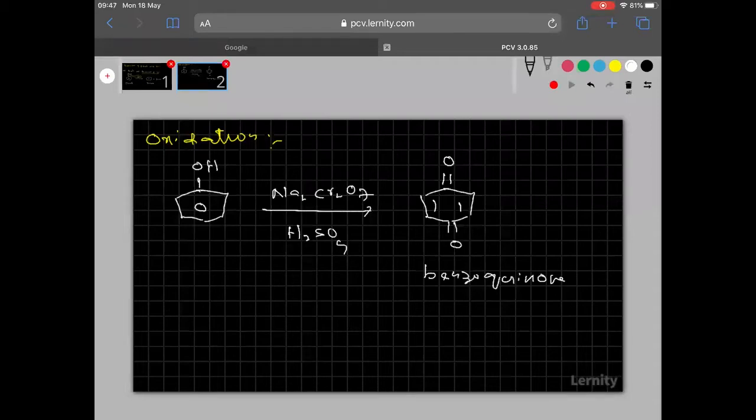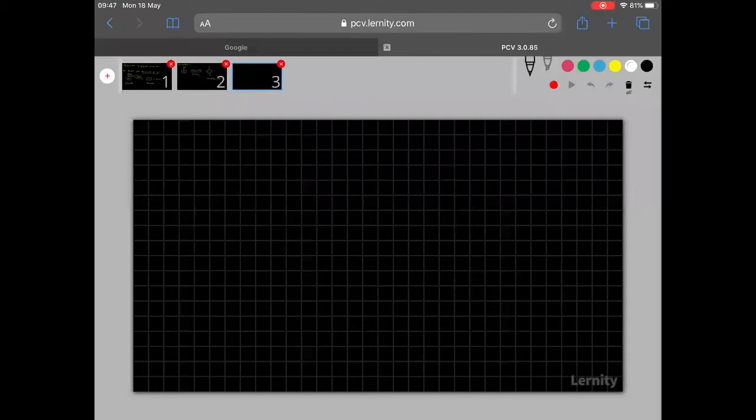Followed? These are the chemical properties of phenols. Okay, so the phenols topic is completed. Now we are entering into ethers. In that, we are going to see, first of all, the preparation methods of ethers.